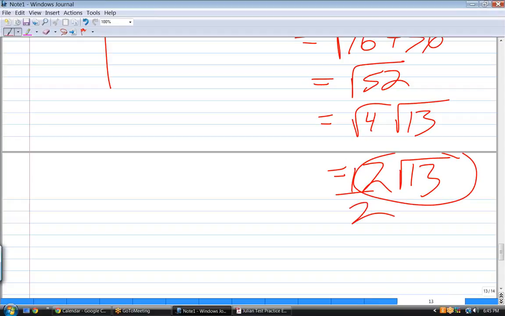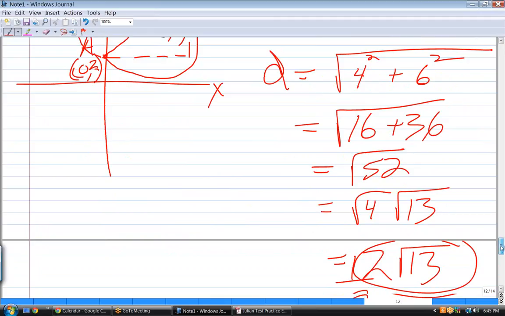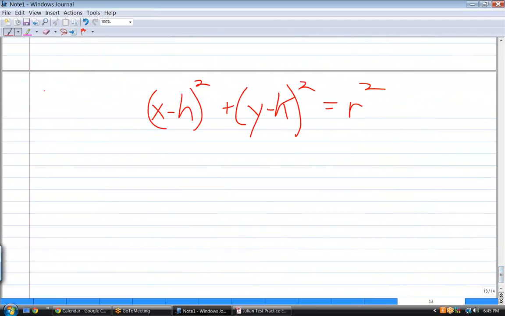The 2's cancel, and you got just root 13. Okay. So the radius is root 13. So I'm ready to write the equation of a circle. My center was at 2, 5. So h is 2, k is 5, and r is root 13.